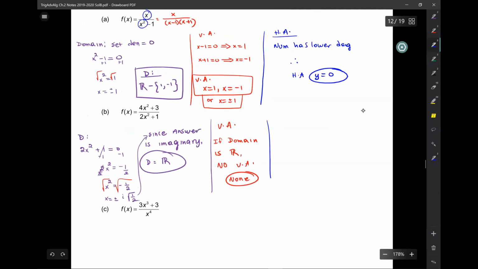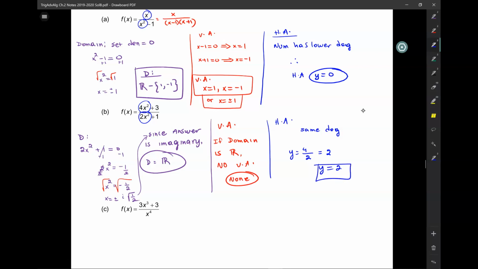Horizontal asymptote. You go here: 4x squared, 2x squared. Same degree. So I don't even need the x's. I could just say the coefficient of 4 divided by the coefficient of 2 is 2, so y equals 2. Okay?